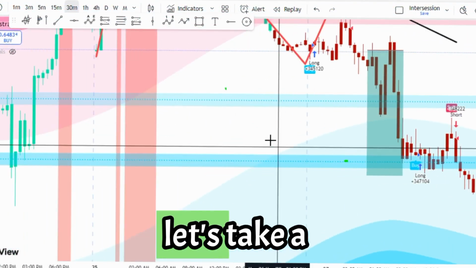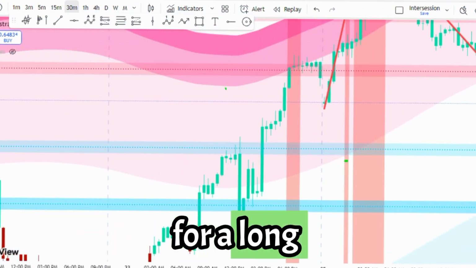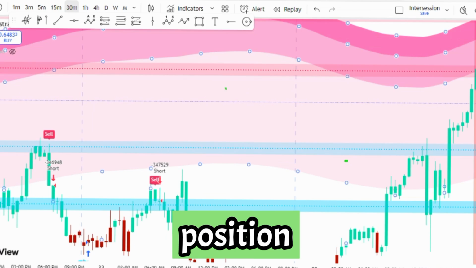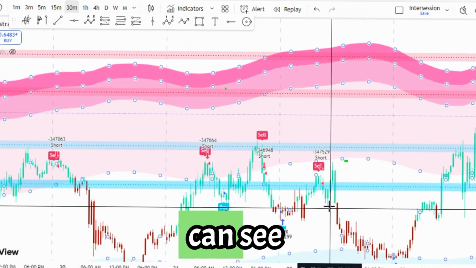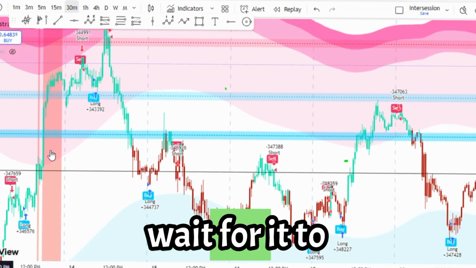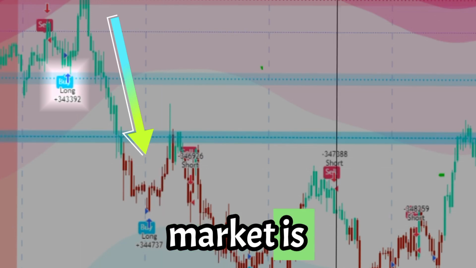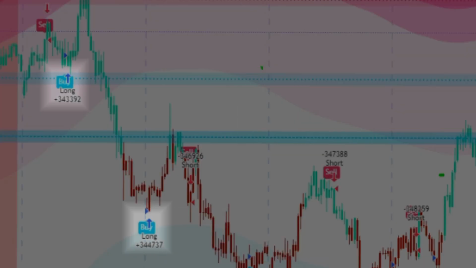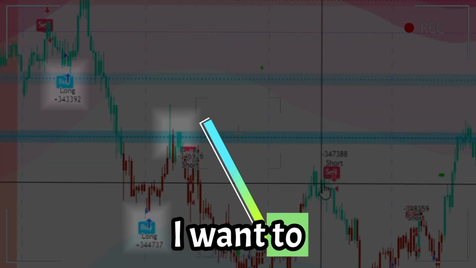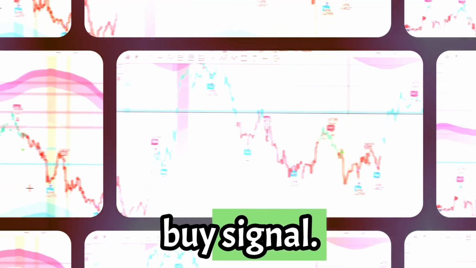So let me look for a long position, a long example. You can see the market is going up, down. You wait for a pullback, you trade downward. The market is around this point again, you just continue downward. I want to look for a buy signal.